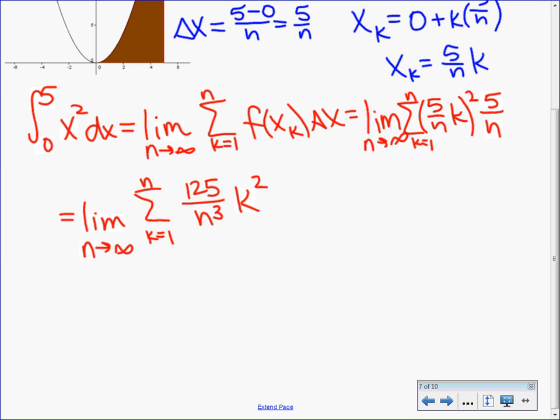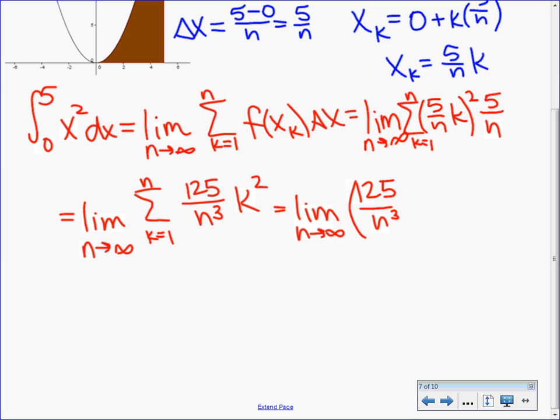Now 125 over n cubed is technically a constant, right? For my summation, I'm plugging in values for k. I'm not plugging into n. I'm plugging into k. So we have the limit as n approaches infinity of 125 over n cubed.